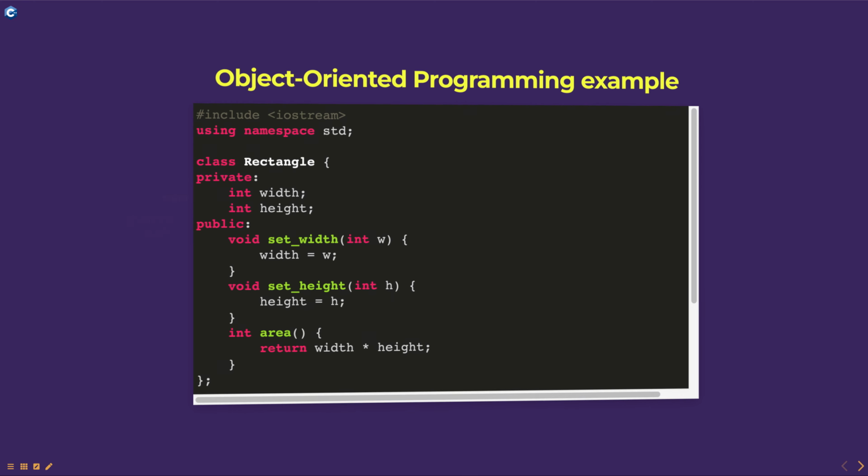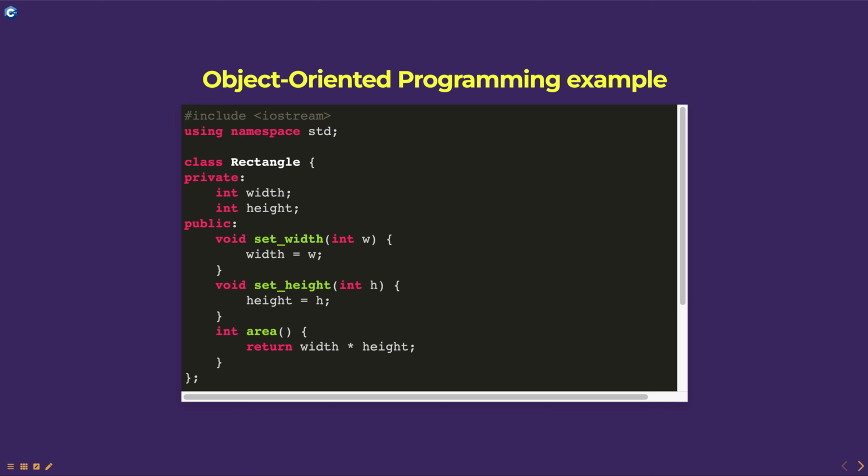Here is an example of object-oriented programming in C++. In this code, the rectangle class defines the properties and behaviors of rectangles.